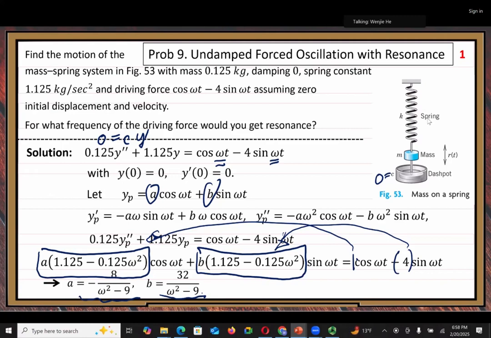How about when omega equals 3? What would happen? Undefined. How about close to 3? Close to 3, it's defined, but the denominator becomes very close to 0.